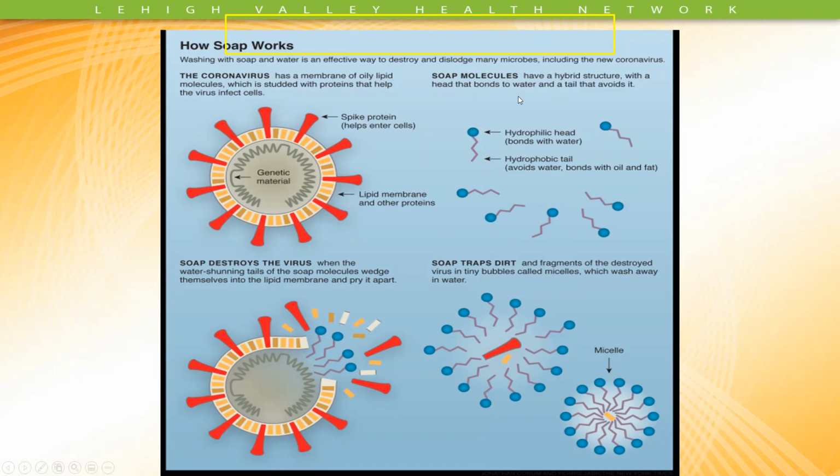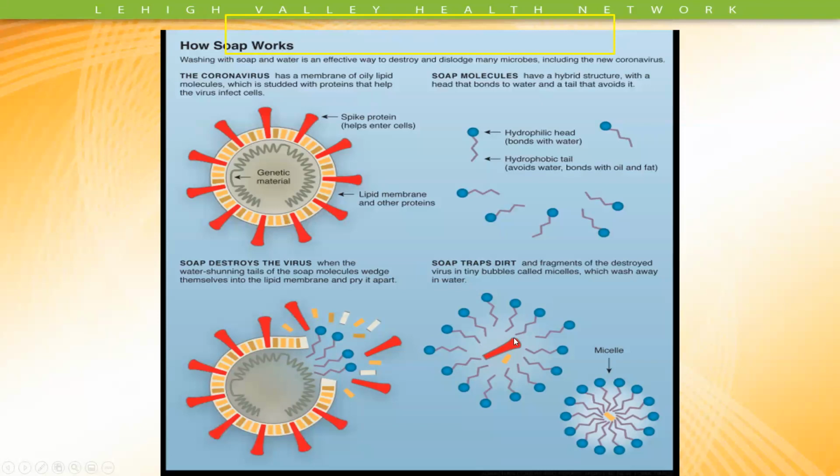When you look at soap molecules, they bond with water, and the water shuns the tails of the virus, and then causes the virus to separate and fall apart, disintegrate. At the same time, it traps the spikes that would normally be transmitted. The bubbles go around it, and then obviously they wash away in water.